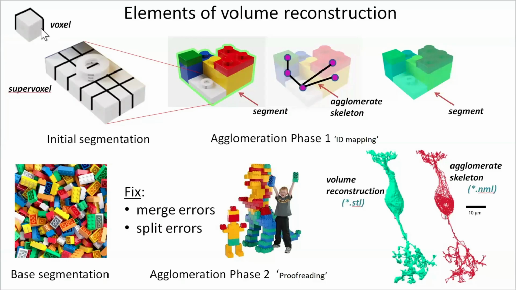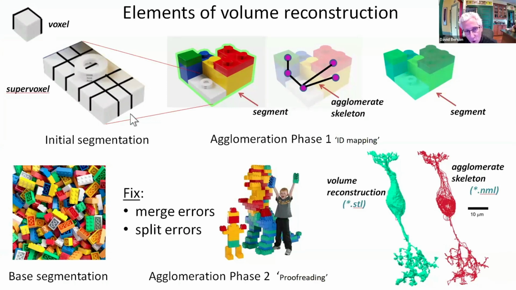Okay, so let me talk just a little bit briefly about the approach to segmentation. Many of you probably know all this stuff. This is kind of the WEBKNOSSOS scalable minds model. You start out with a voxel. The initial CNN, the AI, is going to give you supervoxels consisting of a collection of these voxels, which are the elements that can't be broken any further down in the system.